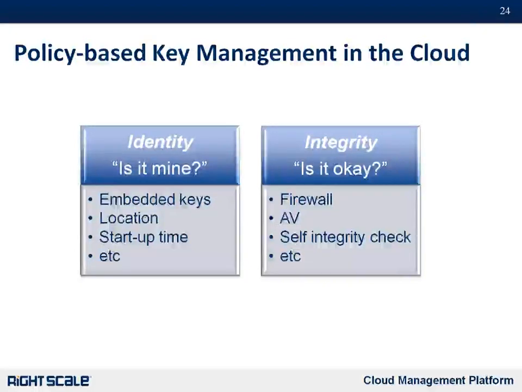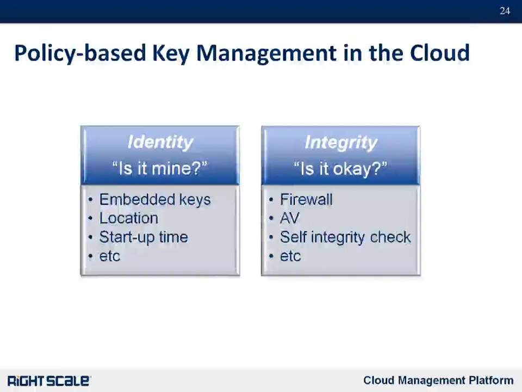Some of the policies that you can manage with this approach to encryption key management are identity-based policies. Ones where you can say, is it mine? And here you can embed keys. And you can also look for a specific location. So this means that, let's say that you're an Amazon customer. If you see something start up in a zone that you haven't defined as a zone where you're allowed to be running things, you can be pretty sure that you might have a rogue instance or a development version or something isn't right.